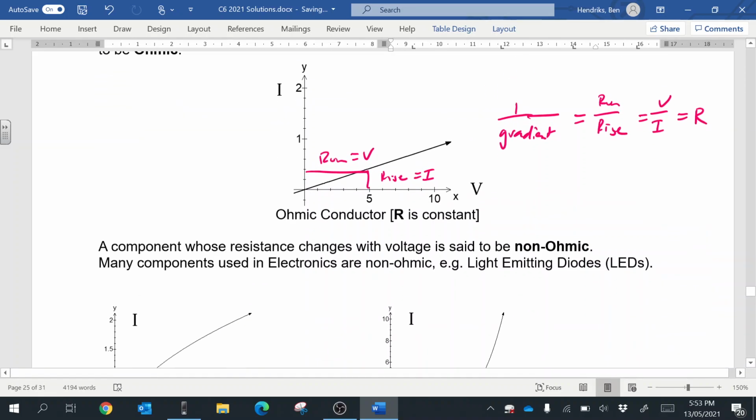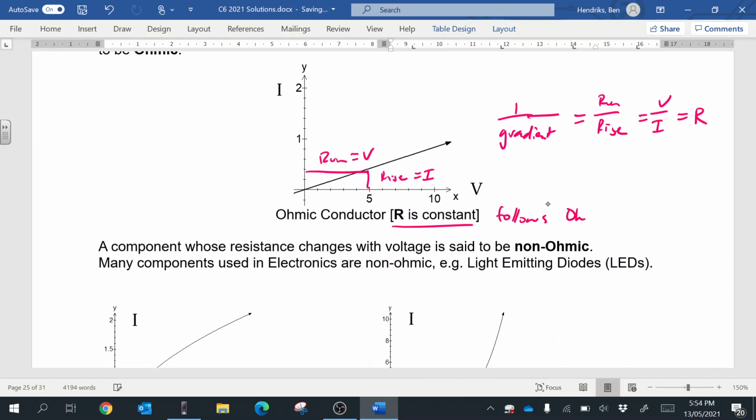So if the R is constant, we have an ohmic conductor. It follows Ohm's law.